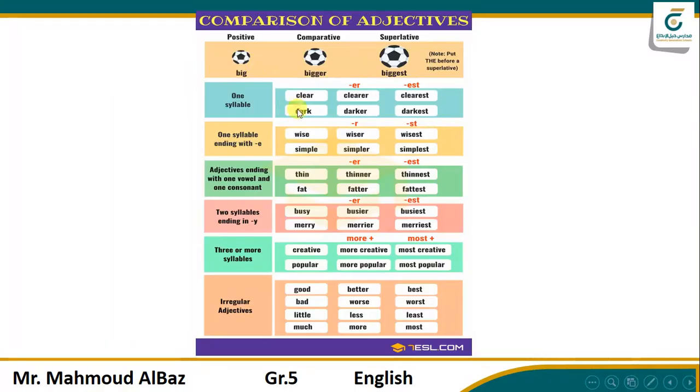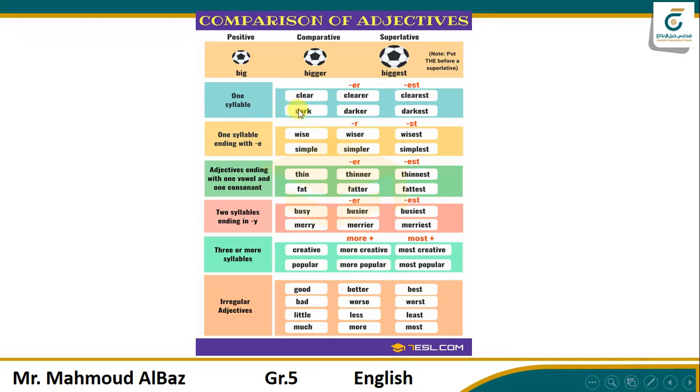This is the comparative form, er, and the superlative form, est. If the adjective is one syllable, like clear or dark, add er to the end of the word, clearer. Or if it's superlative, the clearest.